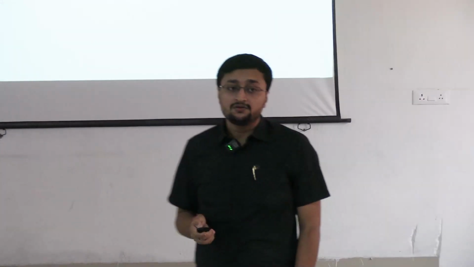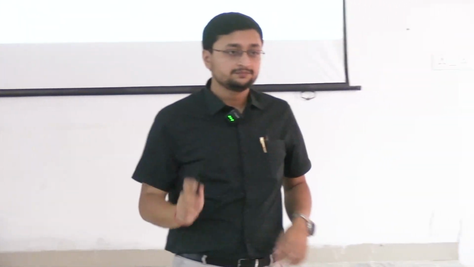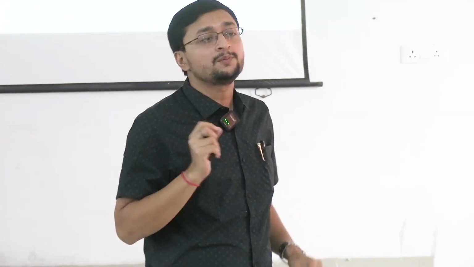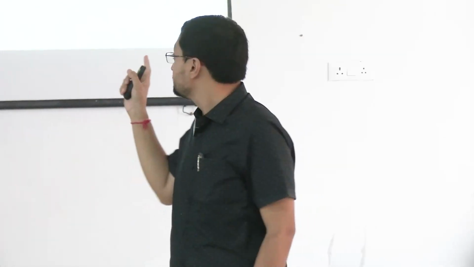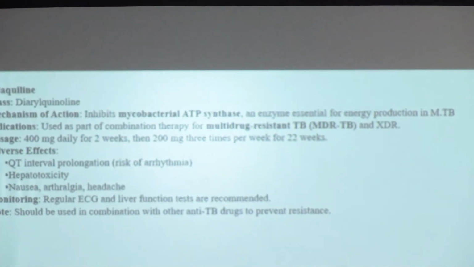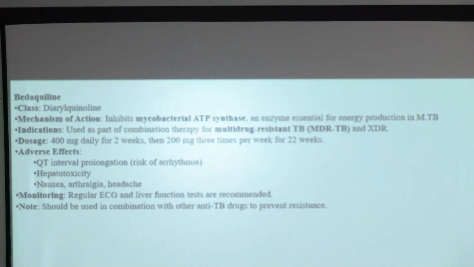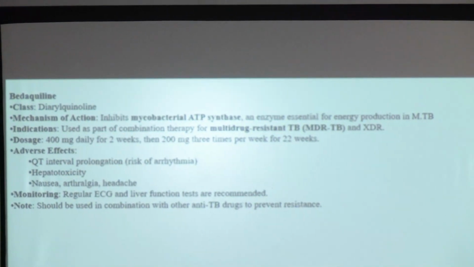Now bedaquiline, শুনেছিস bedaquiline নাম? So what is bedaquiline? It is diaryl quinone group of drugs. The mechanism of action, most important, is ATP synthase inhibitor. So bedaquiline is which group of drug?